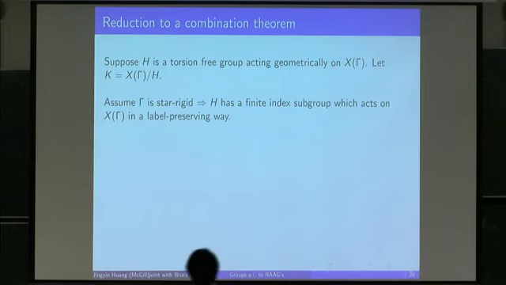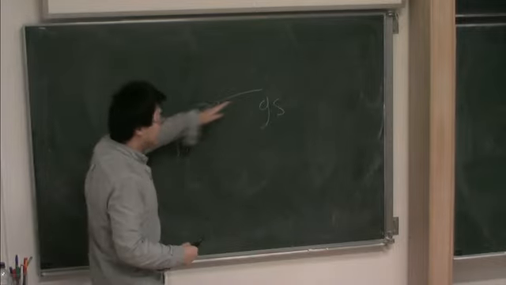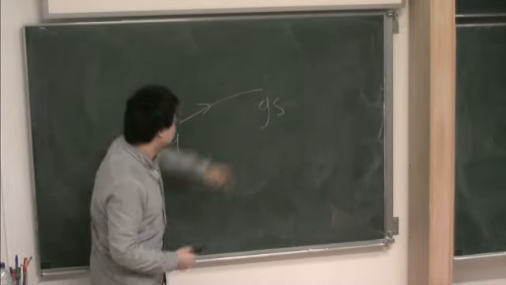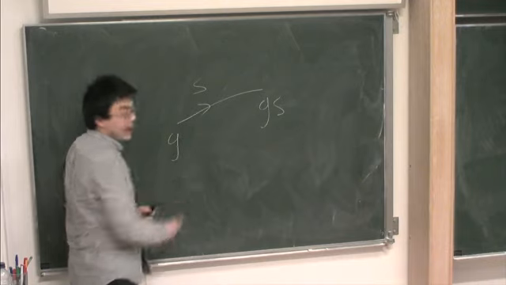Recall that the one skeleton of X of gamma is exactly the Cayley graph of your group G of gamma. If you think about how you define the Cayley graph, each edge is of this form, let's say g to gs. That means each edge has a natural orientation, pointing from g to gs, and each edge is labeled by the corresponding generator s.